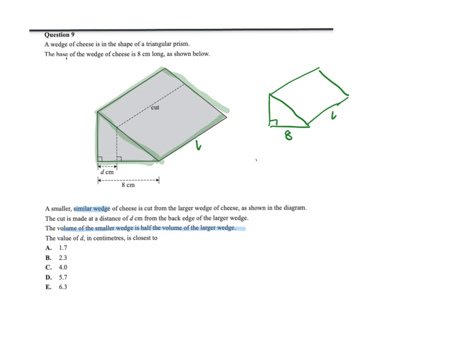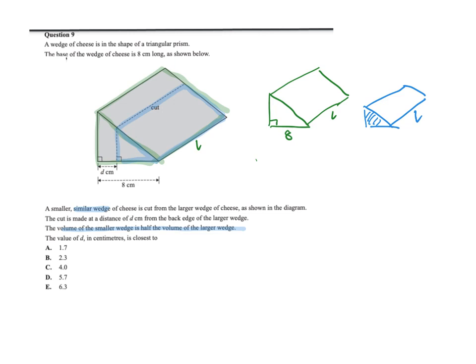Then we've got our little smaller wedge, which they said is similar. But if you look here, it's still the same length. What I'm seeing is that this bit is smaller, the face of it is smaller, but the length of it is the same.